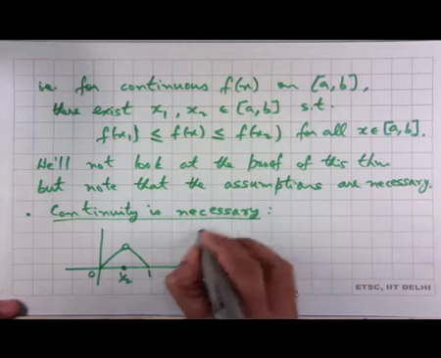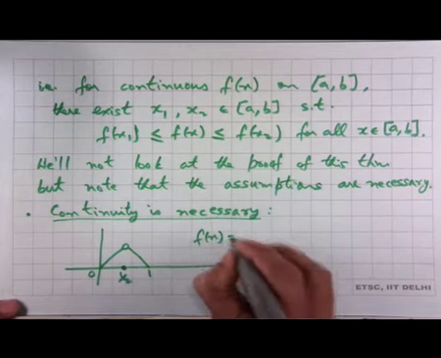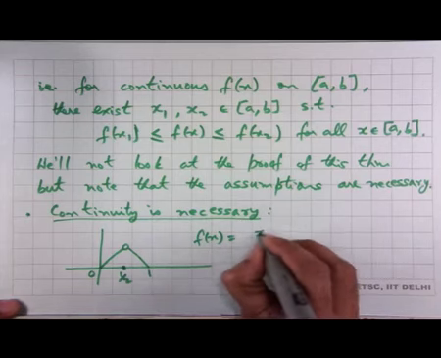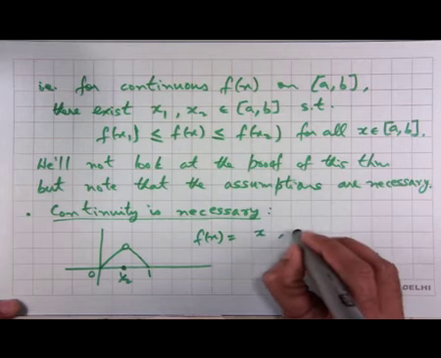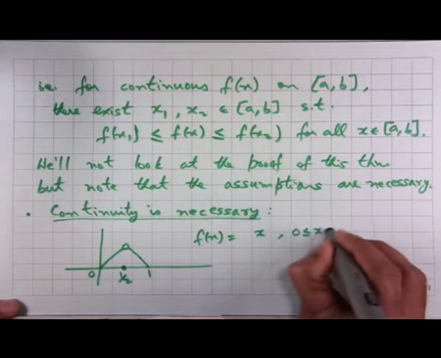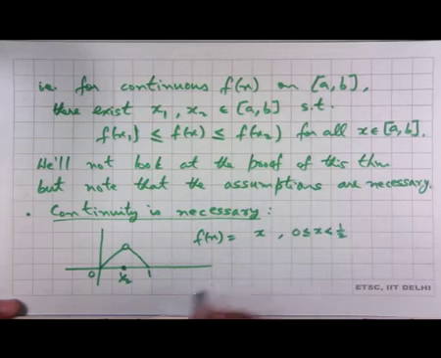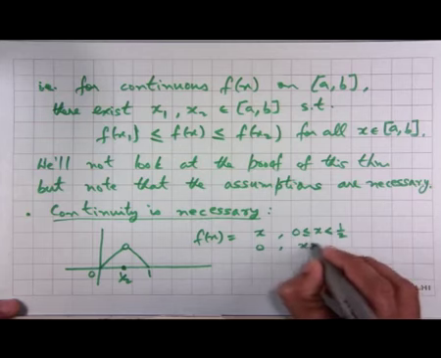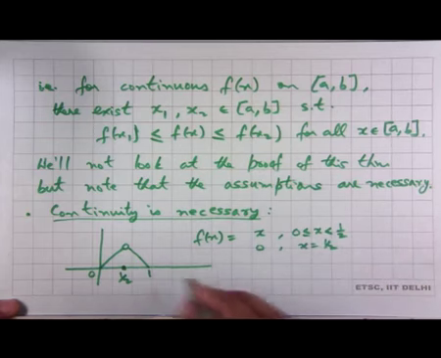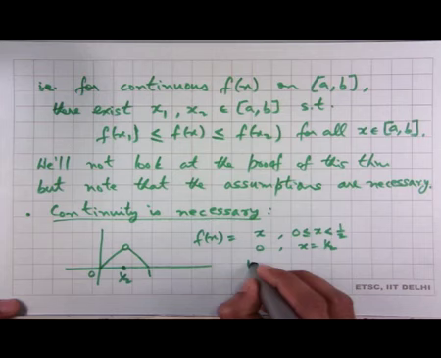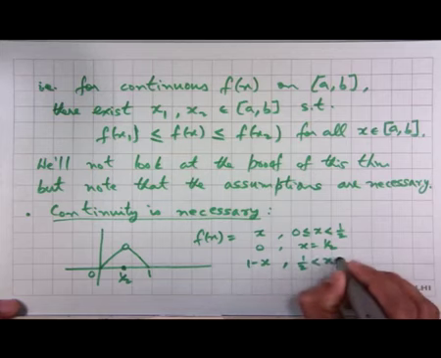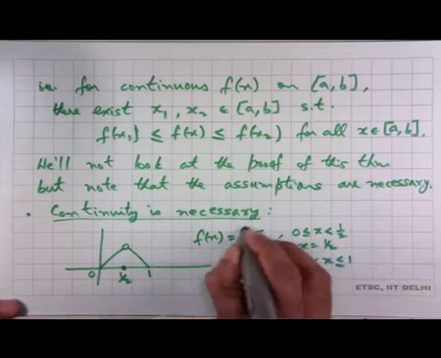So, this is f x is equal to x for 0 less than or equal to x less than half, and this is equal to 0 at x equal to half, and then this is 1 minus x if x is bigger than half and less than or equal to 1.